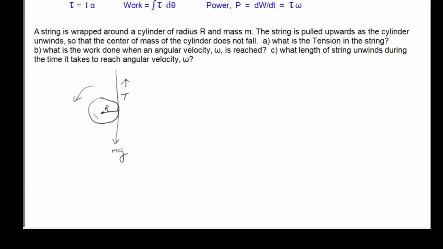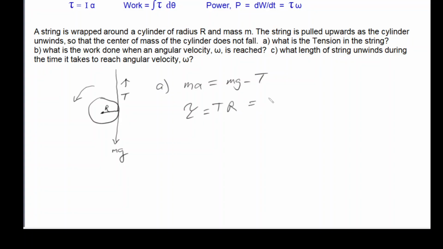So for A, we first start with our equation of motion. And we know from Newton's law that ma is equal to mg minus T. That describes the motion of the cylinder. Well, we also know that torque is equal to the force times the radius, which is the tension times the radius of the cylinder.